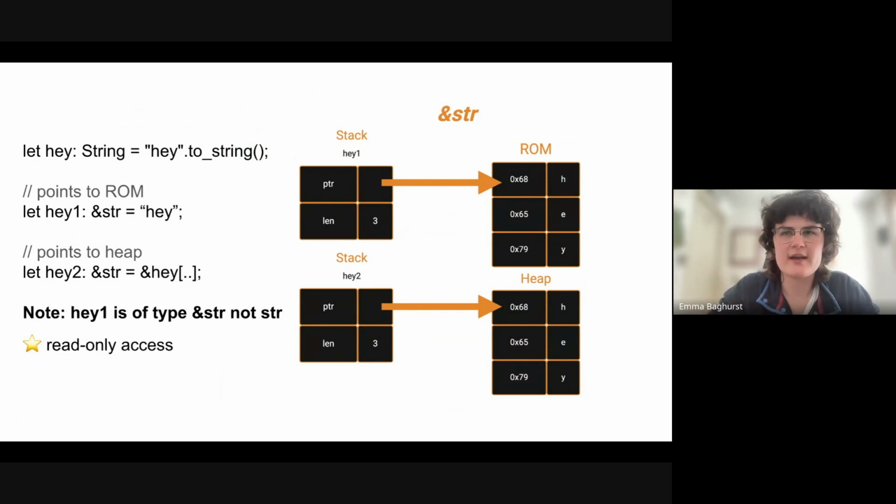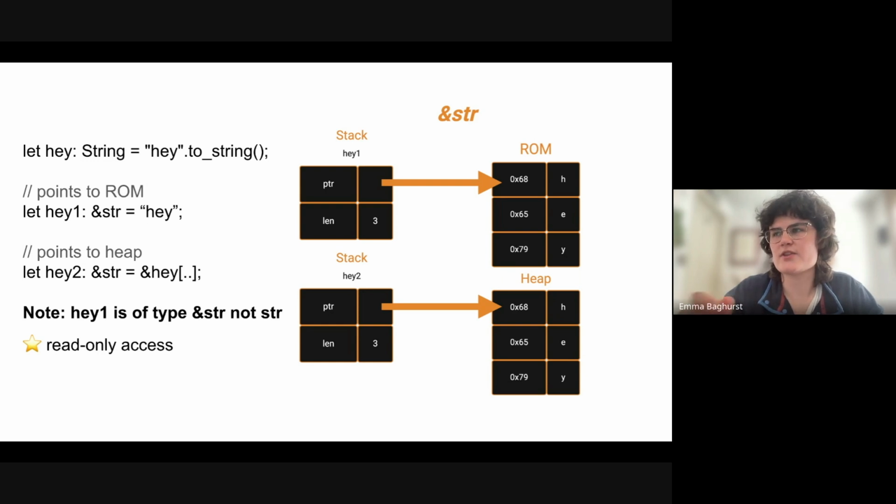You might wonder, why is it declared as an &str and not a string literal? It's because in Rust, during compilation, the compiler needs to know the exact sizes of the types. And because a string literal is an unsized type, it can't possibly know what the size is going to be. So whenever you have a string literal, it will always be behind an &str, behind a reference.